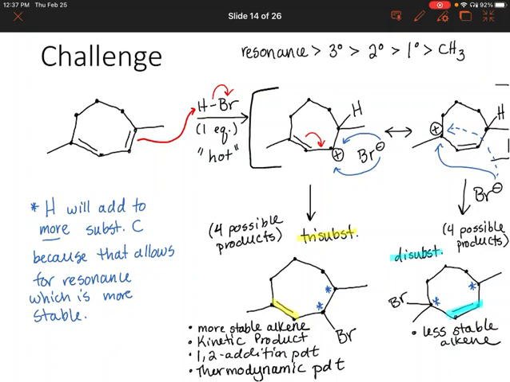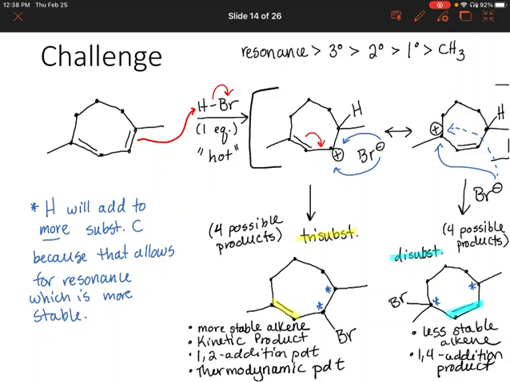Okay, so far we've seen that the thermodynamic product is usually the 1,4 addition product. And our product on the right is the 1,4 addition product. However, it's the less stable product because its alkene is only di substituted.